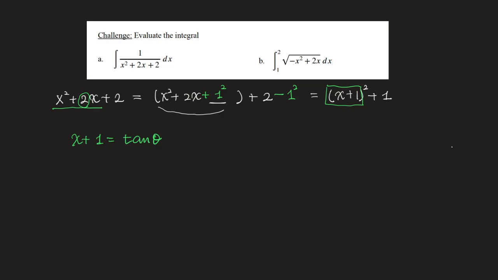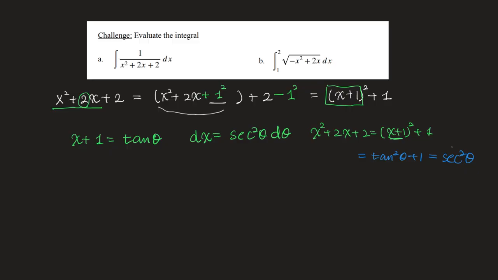So now dx is going to be secant squared theta d theta. One more change: x squared plus 2x plus 2 is going to be x plus 1 squared plus 1. This is tangent theta, so this part is going to be tangent squared theta plus 1, which is simply secant squared theta. Everybody make sense of this one?